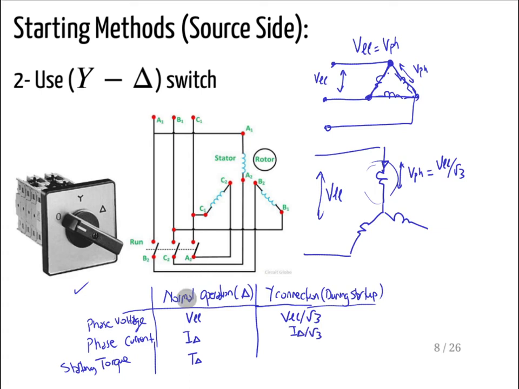Remember, the torque is proportional to the square of the voltage or current. So the torque in this case will be the square of that, so you can generate 1/3 of the torque that you would generate with normal delta connection.